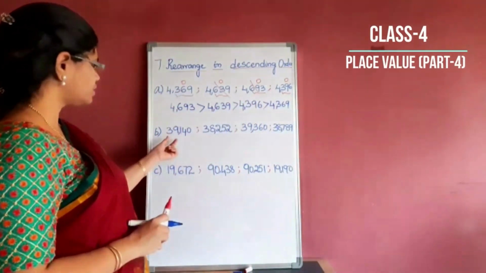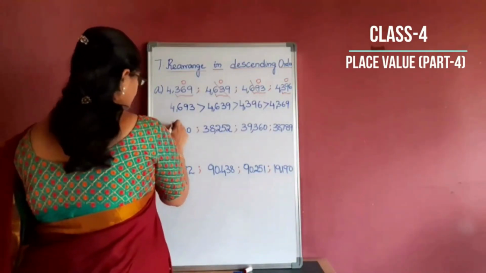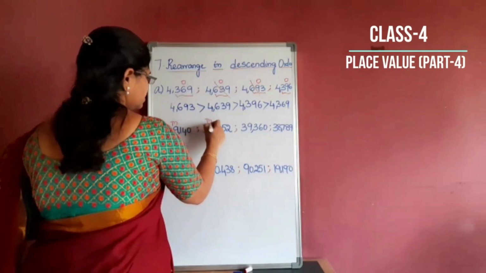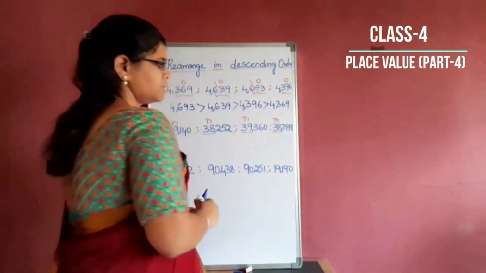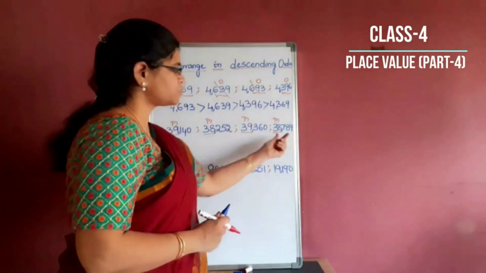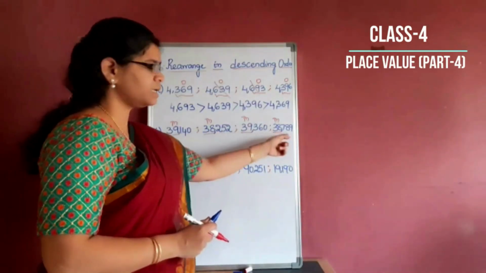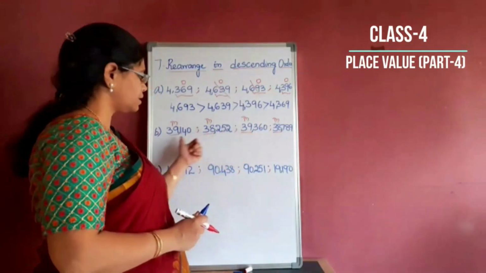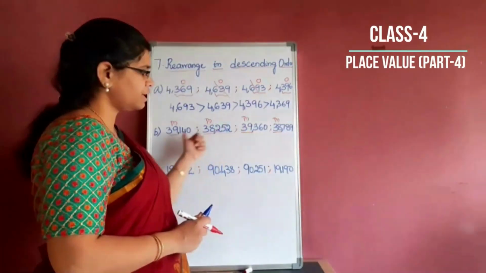See here children, we have 39,000, 38,000, 39,000 again and 38,000 again. Two numbers we have in 39,000 and two numbers we have in 38,000. Which is greater, 39 or 38? 39 is greater. But in 39,000s we have two numbers. First, let us compare these two.